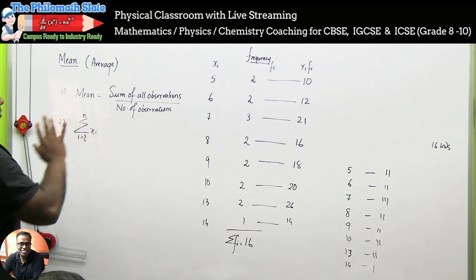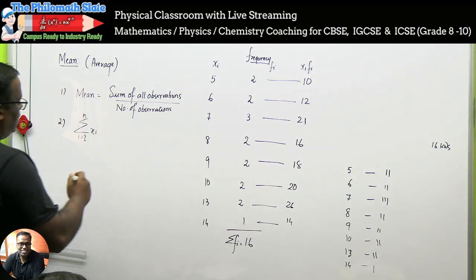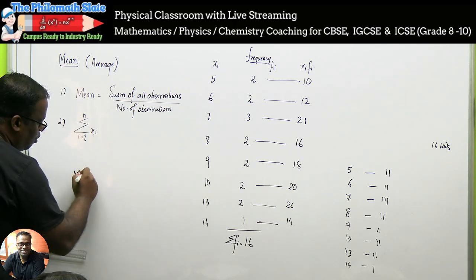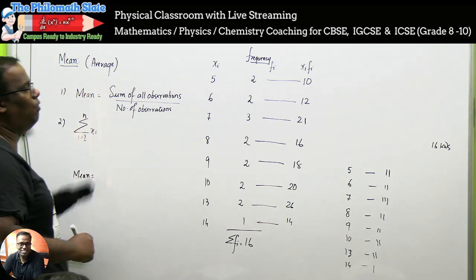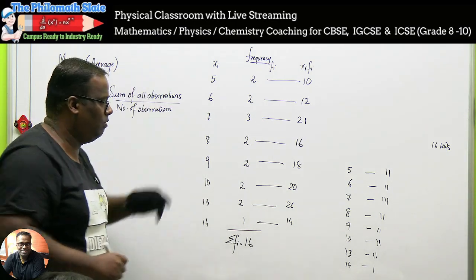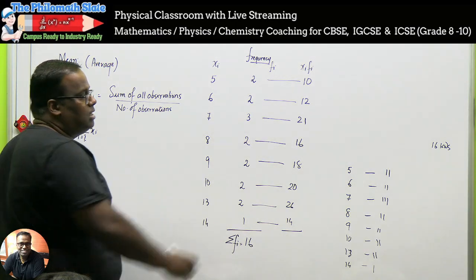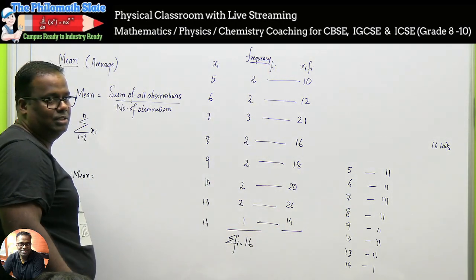Now think, if you would have done this problem the idiotic way, your mean would have been what? Mean would have been the sum of all observations. That means 5 plus 5 plus 7 plus 12. You just add this. This thing is the sum of all observations, but it's a bit easier this way.